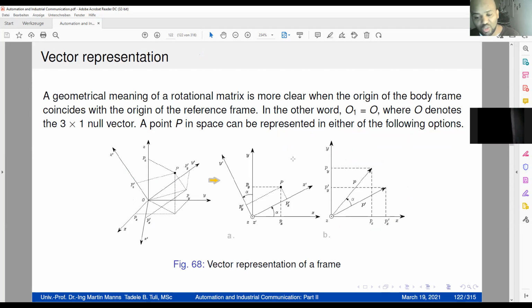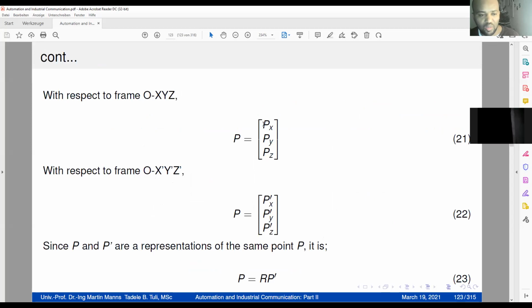It could also be a representation of torque along x, y, and z. So this vector could represent a point, a position, a force, or a torque. It could be any of them.